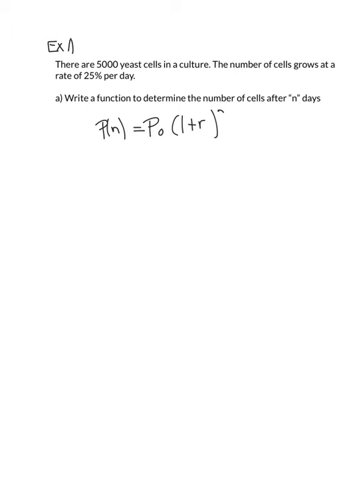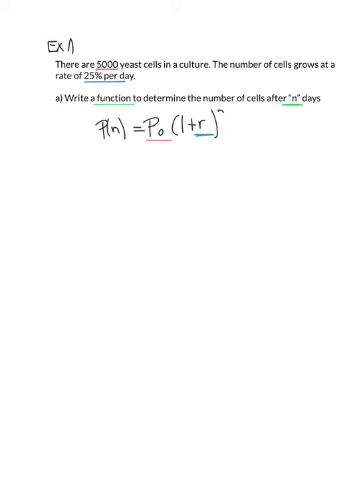Now I can go ahead and plug in all of the information that I know. The 5,000 yeast cells is my initial amount. And then it says that it's growing at 25% per day, which is going to be my R. And then finally in the question, we're just writing a function and it says n days. So it's not giving us a specific day yet.